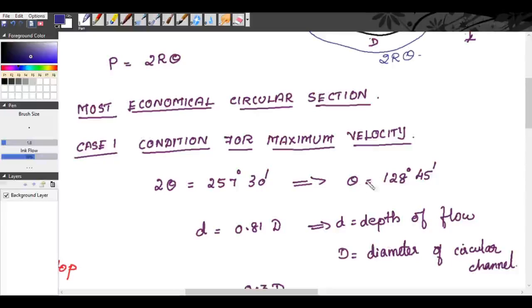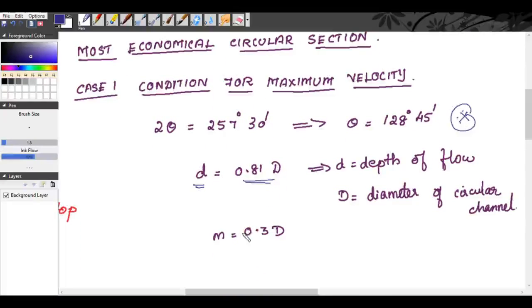And so, therefore, theta will be equal to 128 degree 45 minutes. And the depth of flow should be equal to 0.81 times the diameter of the circular channel. So, d is equal to 0.81 D, and M, that is hydraulic mean depth, is equal to 0.3 D. This is the condition for getting the maximum velocity for a circular channel.